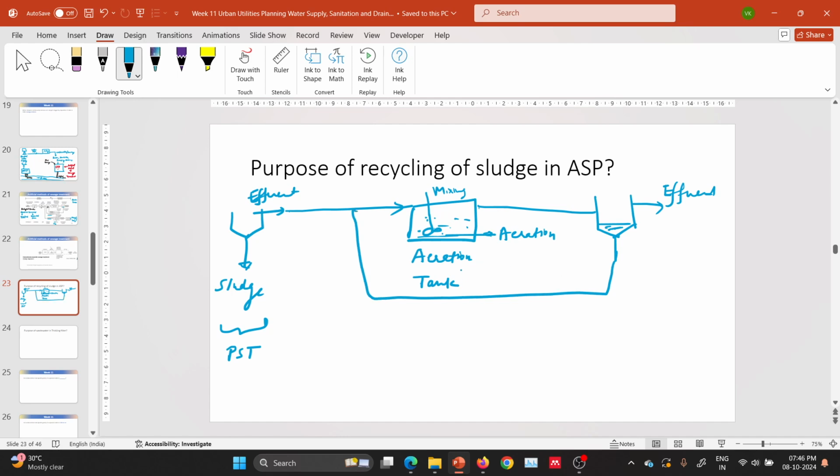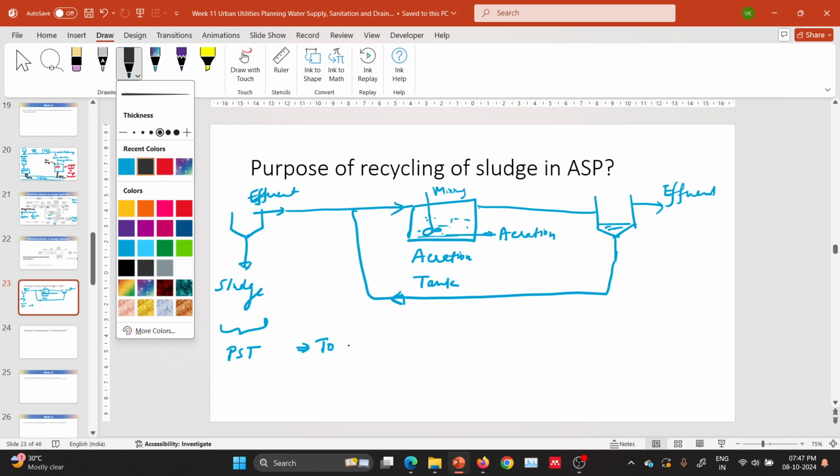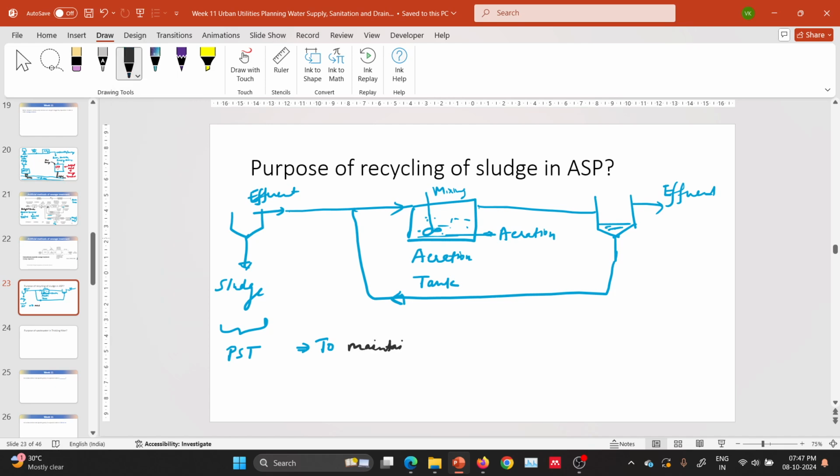Why is this done? This is done to maintain the biomass concentration in this tank. So the answer is to maintain the active biomass concentration in the aeration tank.